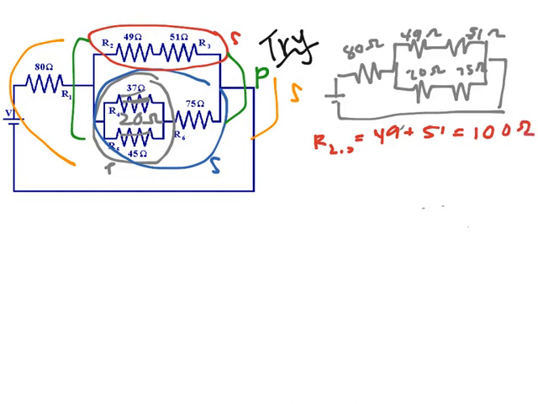And actually, you could do these both at the same time if you wanted to, the 20 plus 75 for your additional one in series, because they won't affect each other. So R456 is going to be equal to that 20 ohms plus 75 ohms. So 95.